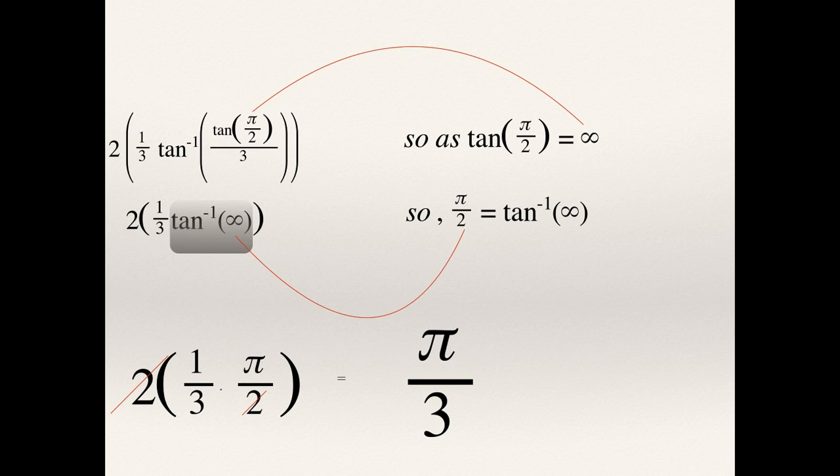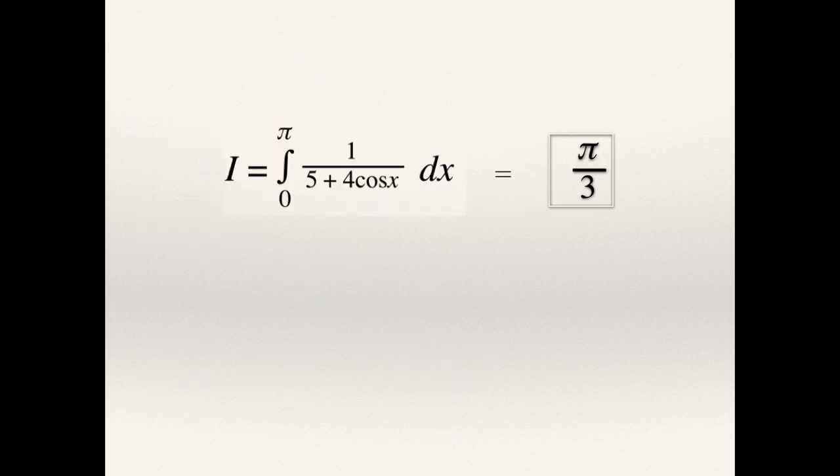You can just follow the arrows if you are confused. So tan inverse of infinity is equal to pi by 2. So 2 cancels out and you'll be left with pi by 3. This is the value of this integral, the integration from 0 to pi of 1 by 5 plus 4 cos x dx is equal to pi by 3. This is the exact value of this integral.